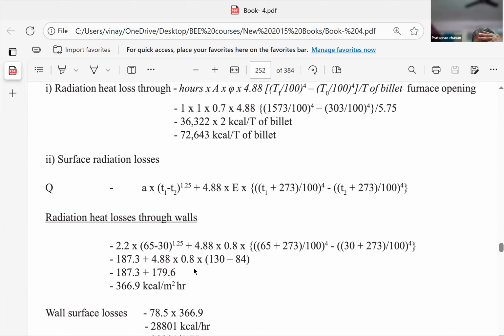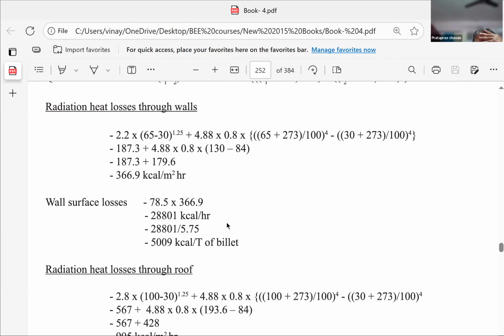So you refer to book 2, furnaces, where we have calculated the losses through walls. We have also calculated the economic thickness. Here he has not asked you to calculate economic thickness. He is just asking you to calculate the wall loss, whereas all the input parameters are readily given to you and you just put in those parameters.